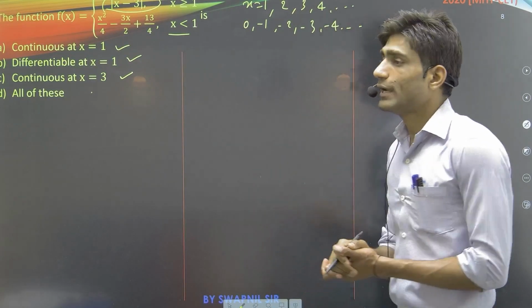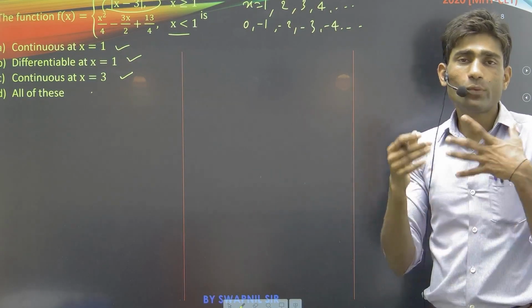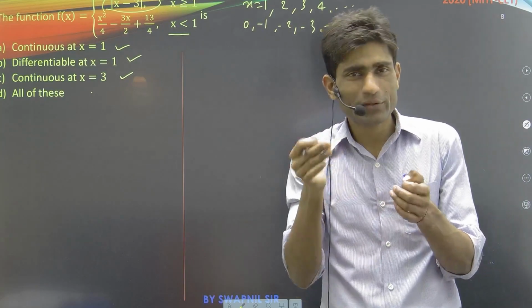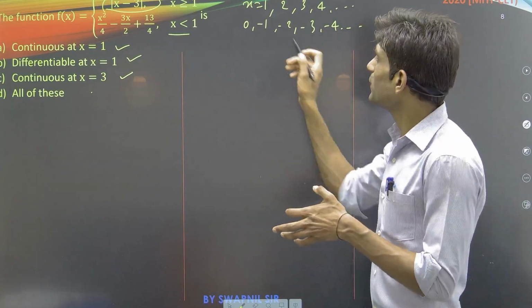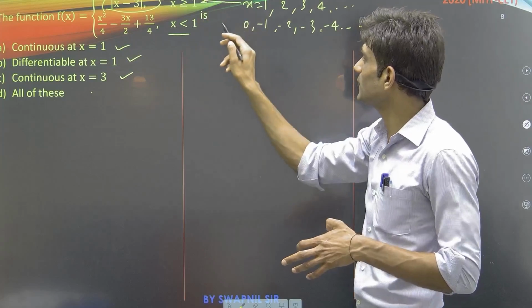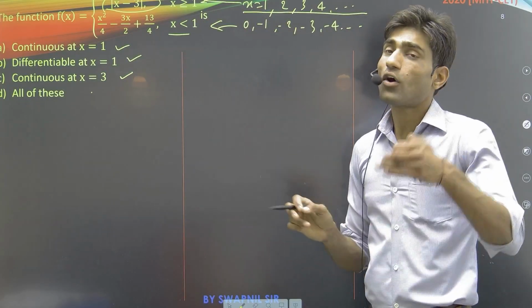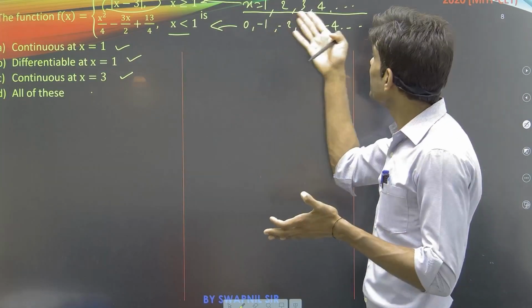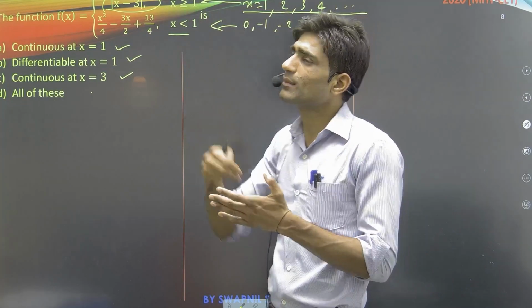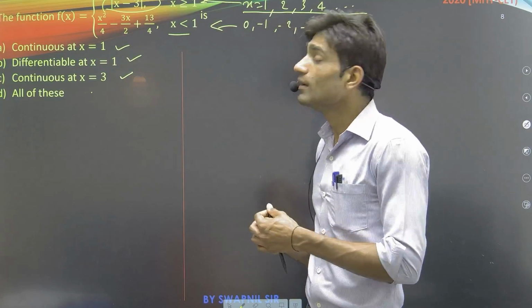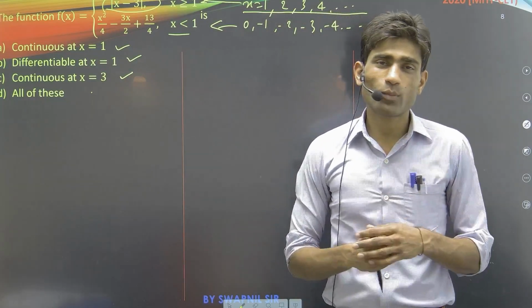That means whenever we have to show the function is continuous or differentiable at some particular point, we have to select only these functions. So when we have to show the function is continuous or differentiable for 1, 2, 3, 4, and so on, we have to consider modulus x minus 3 only. Now let's go to the options.